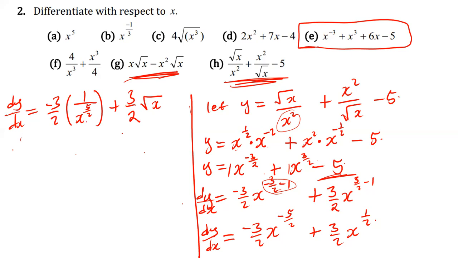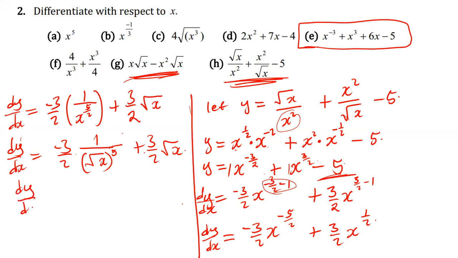So we can do the same even on the denominator there. So dy/dx is equal to negative 3 over 2, and then this will be 1 over the square root of x, raised to the power 5. Then plus 3 over 2 root x.